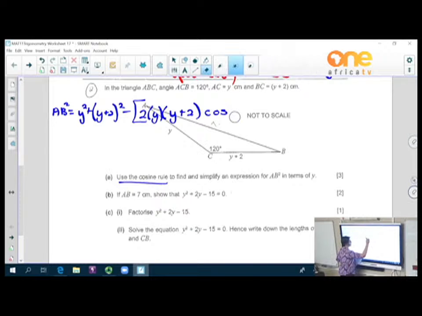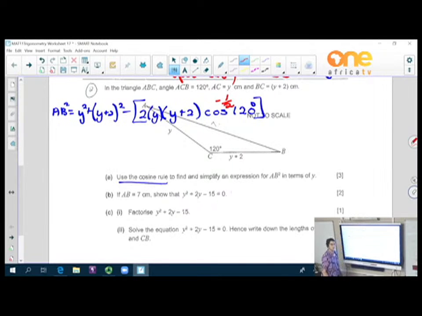Cosine 120 degrees. Press your calculator to get a value there, and you will see that this is actually negative a half. Cosine 120 degrees is negative a half, because that will make it much easier to solve this one.